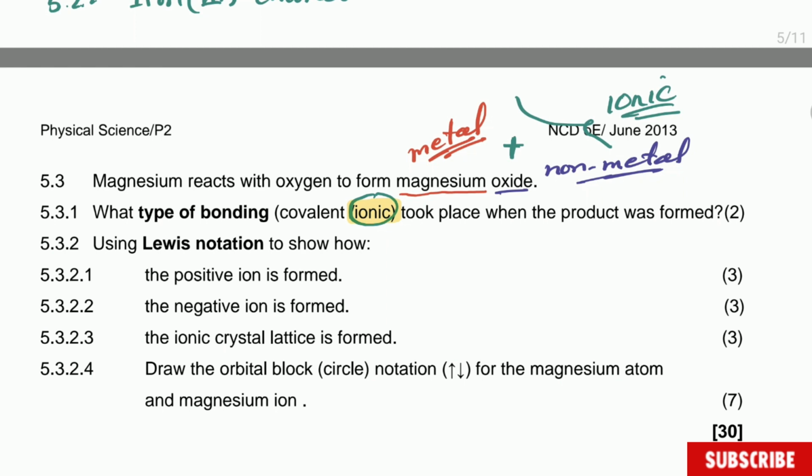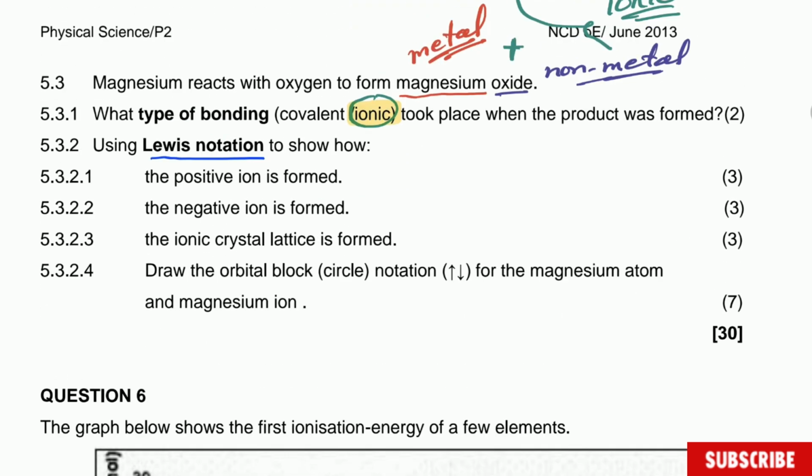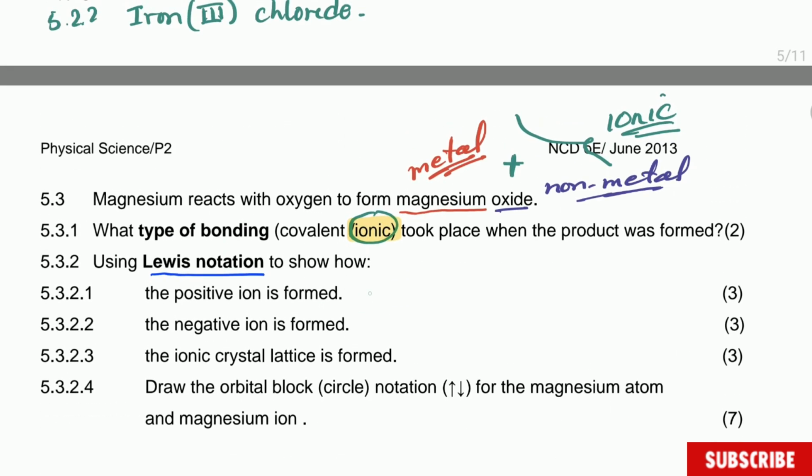Using Lewis notation to show how the positive ion is formed for magnesium. Now this one is quite simple. Remember, in the Lewis notation, you only use the valence electrons. So now we have in magnesium two valence electrons, 1 dot and 2 dots. And magnesium is going to lose those 2 electrons.